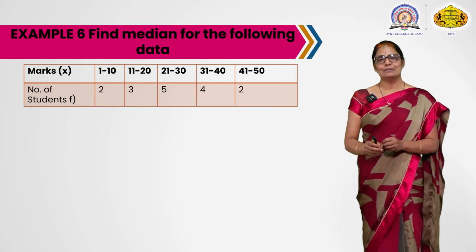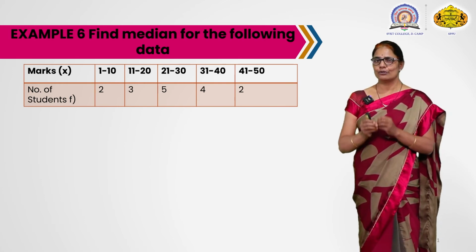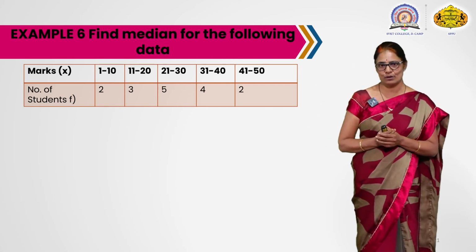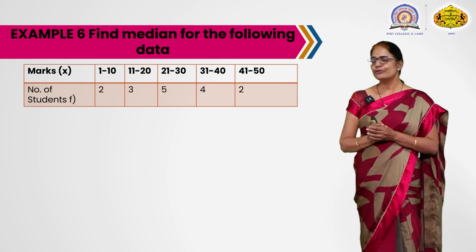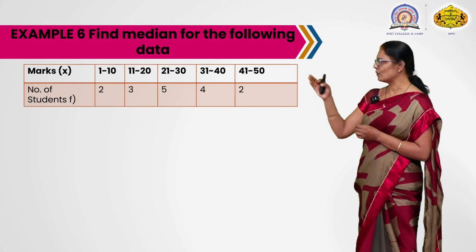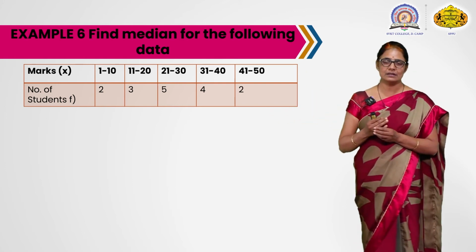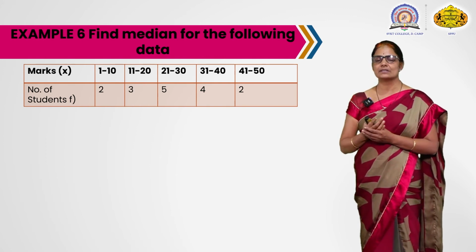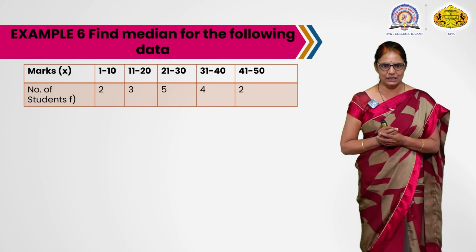In this case, just remember we have to make the classes continuous, and for that we have to find the class boundaries. First of all you can observe that all the classes have equal width, and second, the difference between them is also equal, a difference of 1.